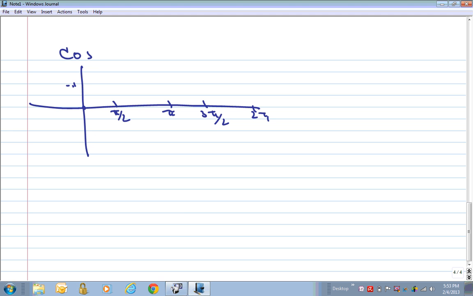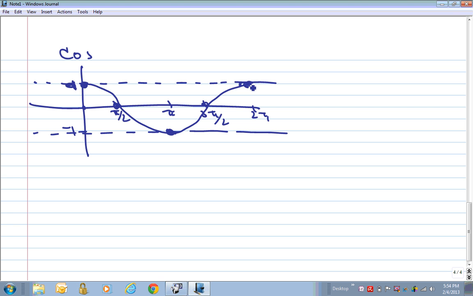Oops, that's not negative, that's a positive 1 down to negative 1. And then cosine starts at the top of the amplitude. So we'll put our little highways in here. It starts at the top of the amplitude, then to the axis, bottom of the amplitude, to the axis, top of the amplitude. So our basic cosine graph looks something like this.